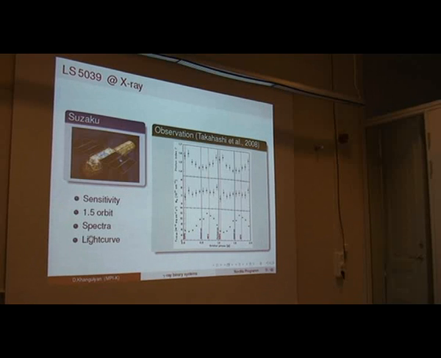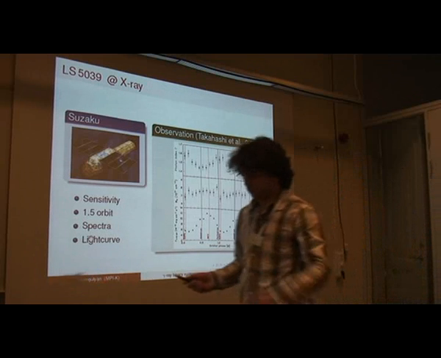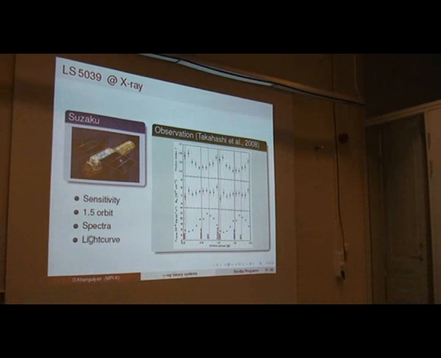And because of good sensitivity, one obtained good light curves and the spectral index variation, the photon index variation over the orbit.